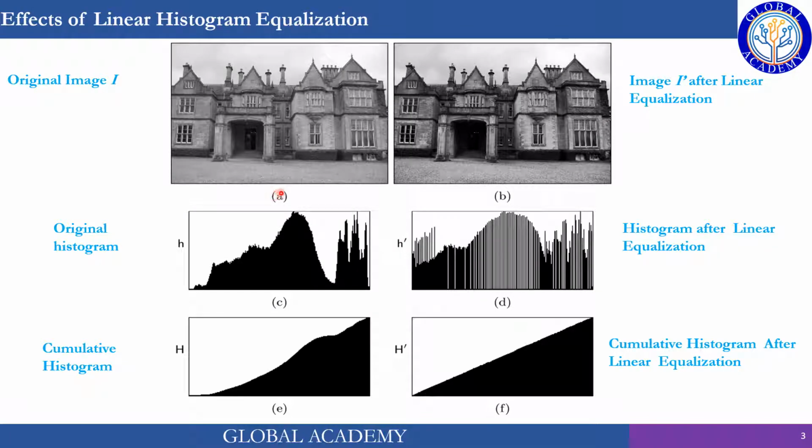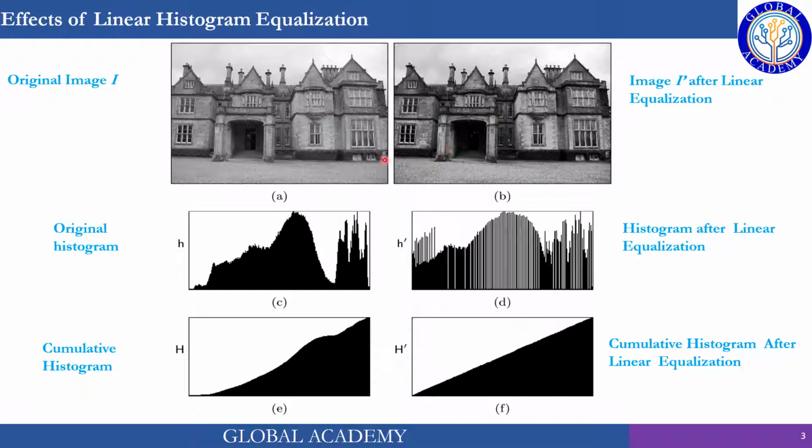We discussed a little about this image earlier, and this is where histogram equalization did not work very well. The image on the right side is the original image and the image on the left side is the equalized image. You can see the details inside the entrance of this building are totally darkened and not visible in the equalized image over here.